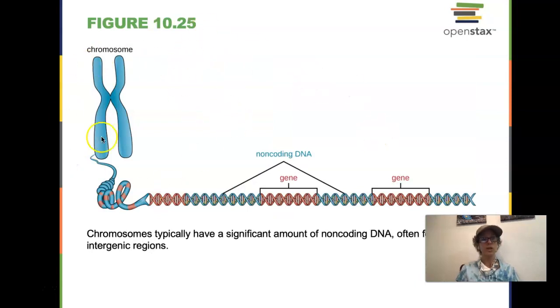This would be a eukaryotic chromosome. We have to coil our chromosomes around proteins called histones, and we have both coding and non-coding regions. The genes are called coding regions because they code for a very specific product. They will be read to make the RNA, and the RNA will be read to make the protein.